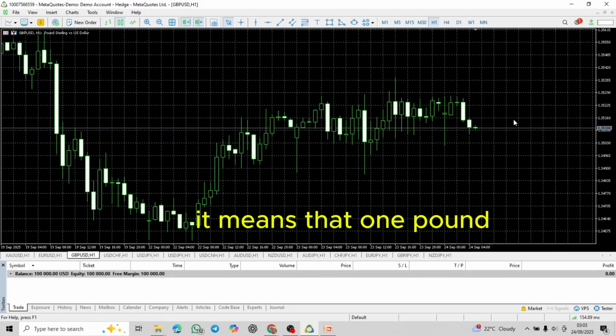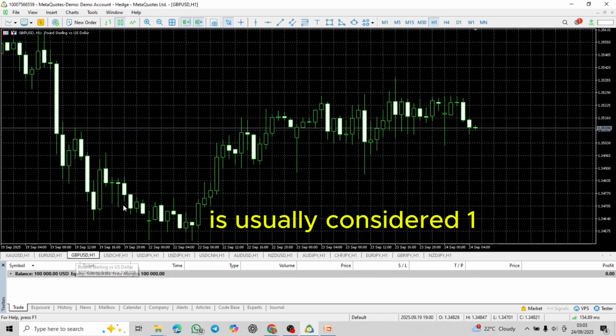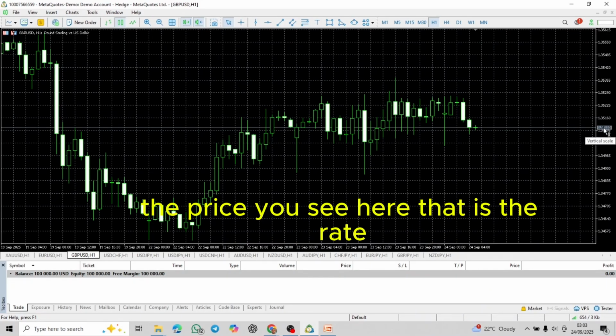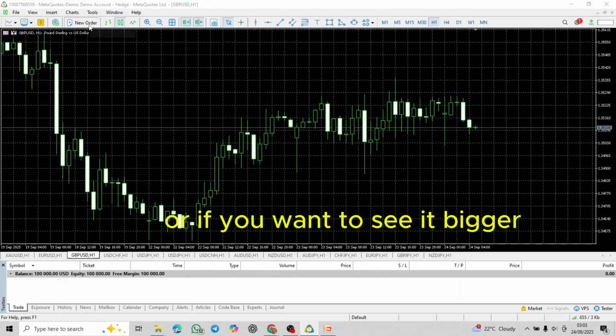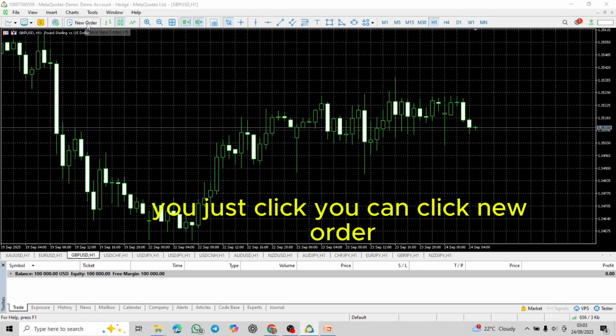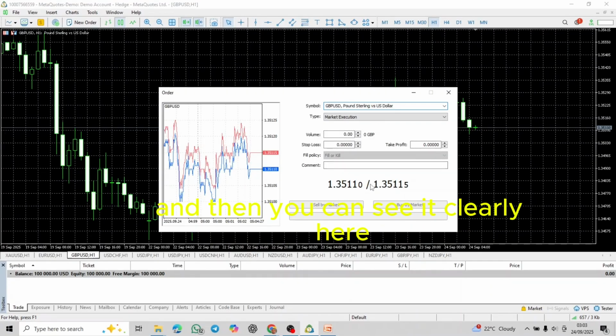It means that £1, the first currency that you see, is usually considered one. And then the quote you are seeing on the chart, the price you see here, that is the rate. Or if you want to see it bigger, you can click new order. We are not placing any trade now, and then you can see it clearly here.